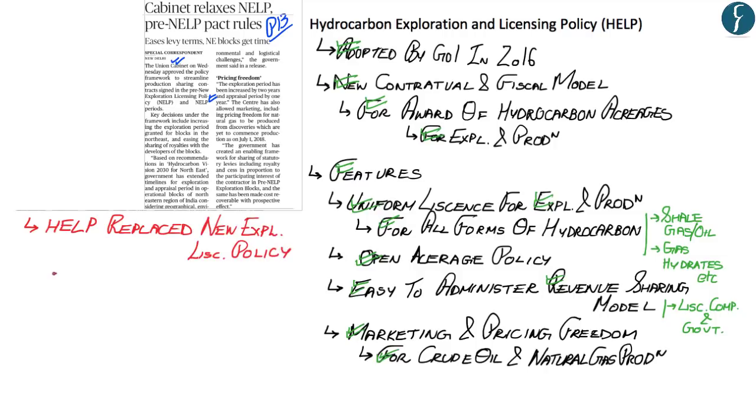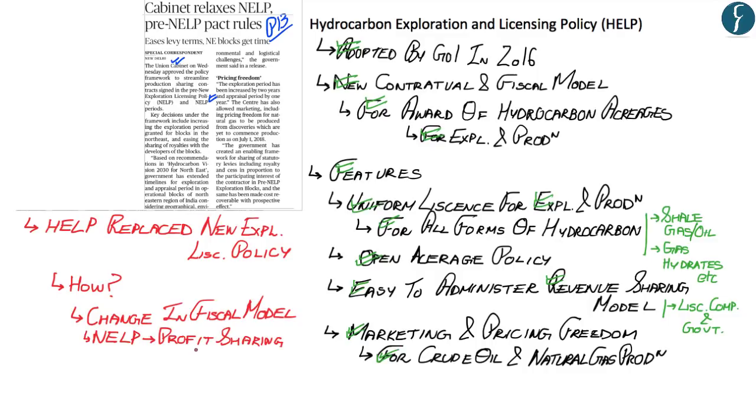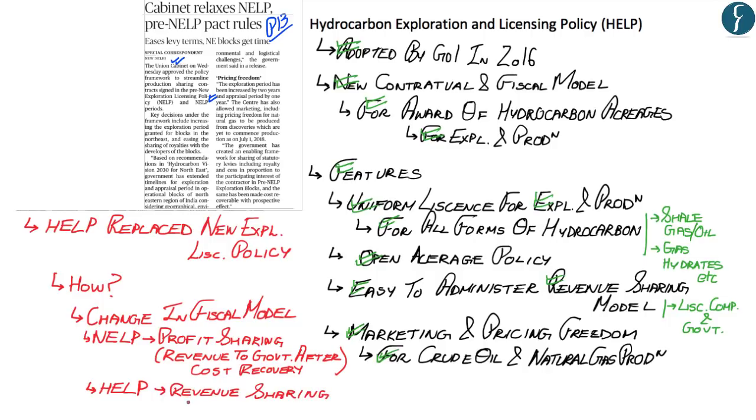It replaced the New Exploration Licensing Policy by first having a change in the fiscal model, wherein the New Exploration Licensing Policy was based on the profit sharing model, meaning that the revenue to the government would come after the cost recovery, while the HELP policy has a revenue sharing model, wherein revenue to the government would be given on production.